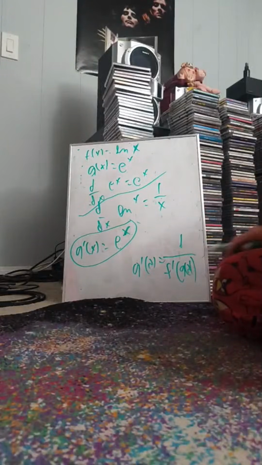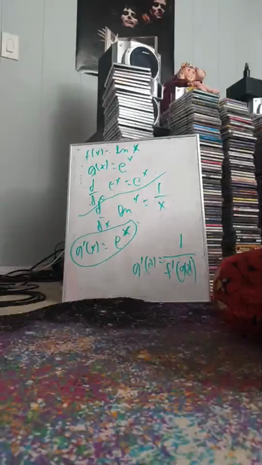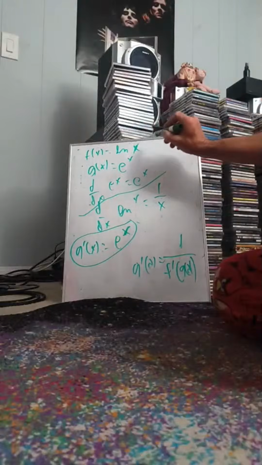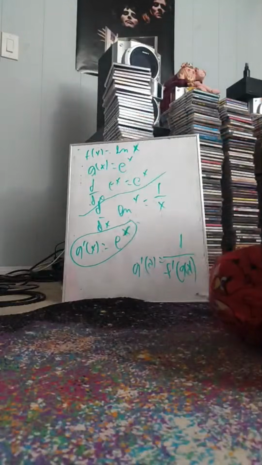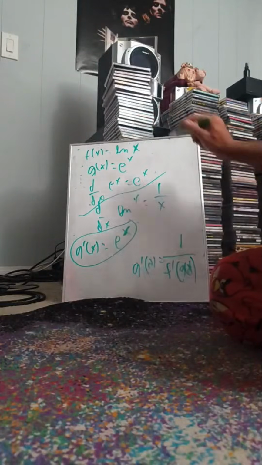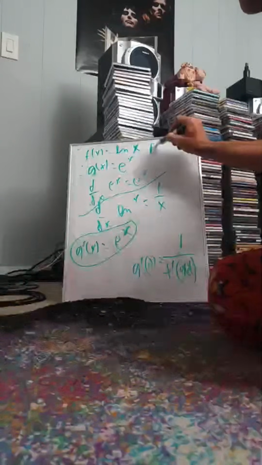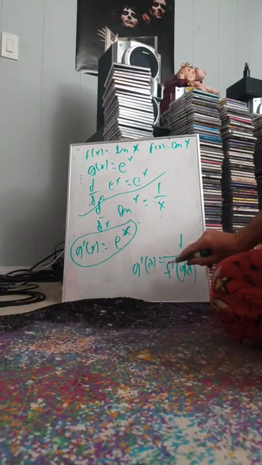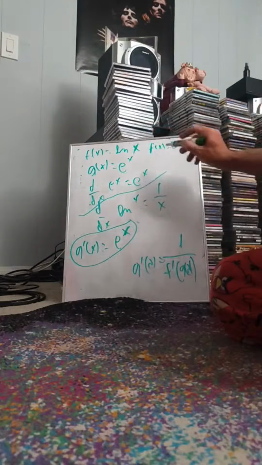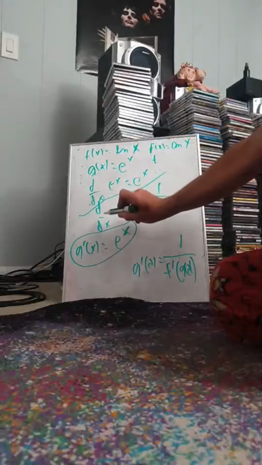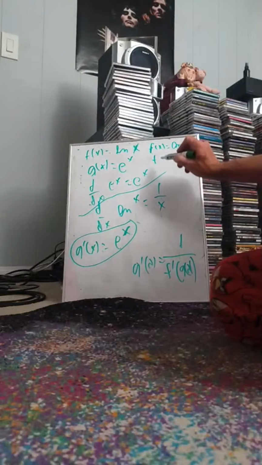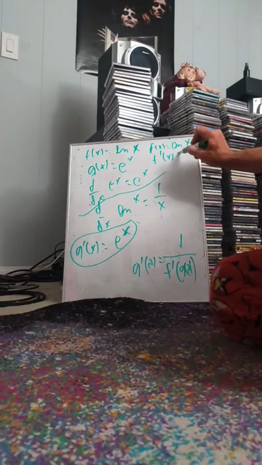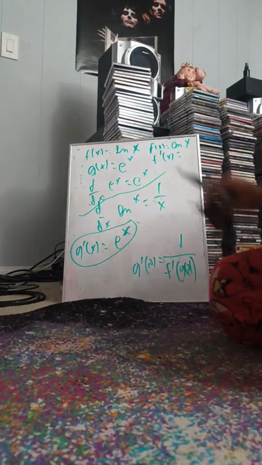What's f prime of g of x? Well, f of x equals log x. I'm going to need room up here. F of x equals log x. It turns out that f prime of x equals 1 over x, because the derivative of log x is 1 over x.